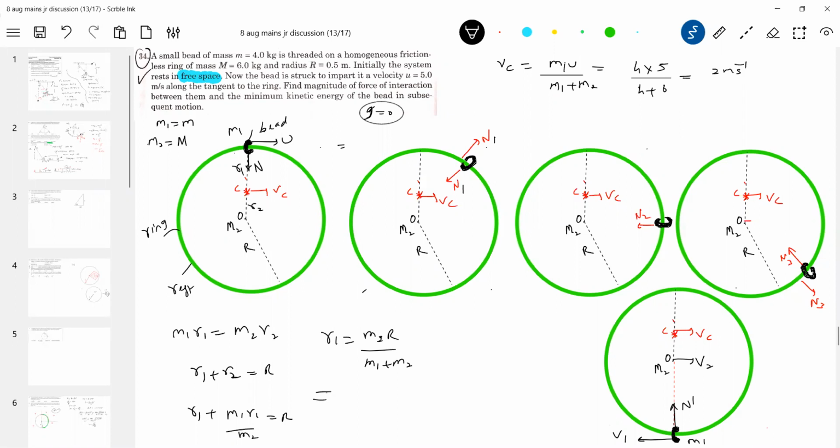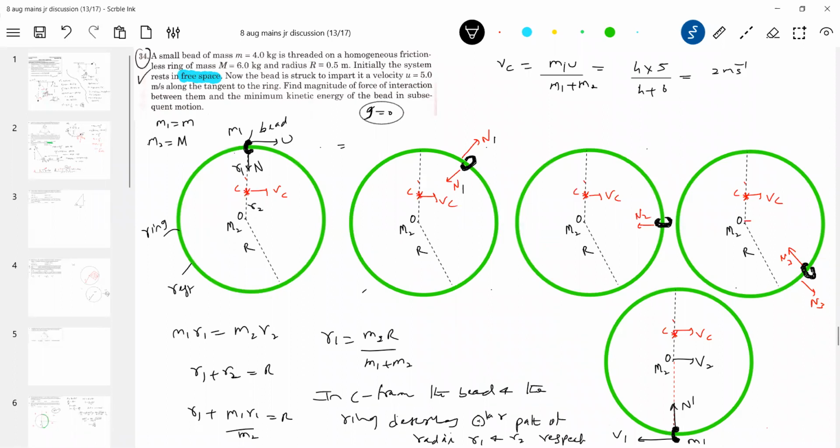In the C frame, let's get into the problem. In the C frame, the bead and the ring describe circular paths of radii R1 and R2 respectively.